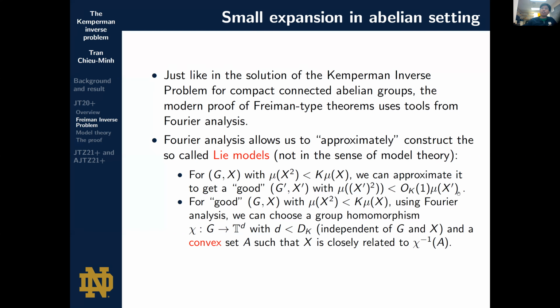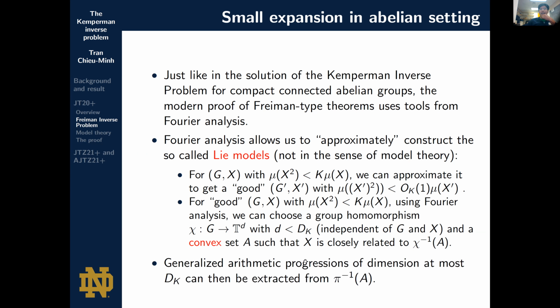And the point is that once you do this approximation, you can now use Fourier analysis to construct a group homomorphism into a d-dimensional torus, right? Where the dimension d is bounded by a constant that is independent of G and X, together with a convex set A such that X is closely related to the inverse image of A. And then after that, we extract out a generalized arithmetic progression of a certain dimension just from this convex set, the inverse image of the convex set.